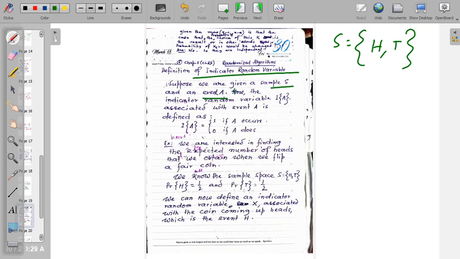One event I am taking and I am looking for whether that event is occurring or not. It's the binary case. And this simple idea will help us analyze many different things.